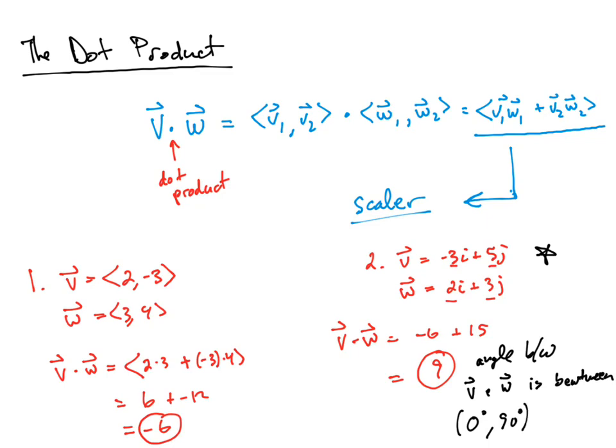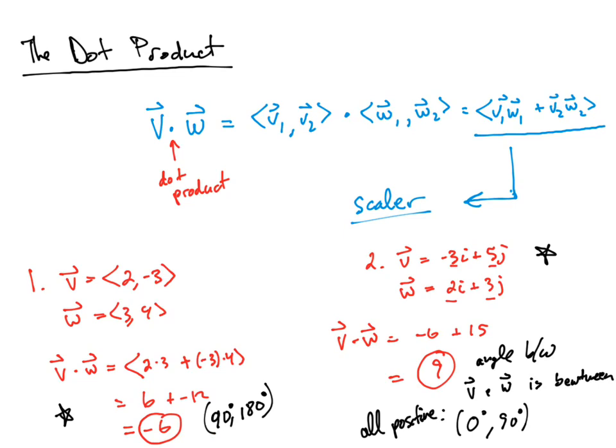So anytime we have a positive dot product, that's telling us the angles are between 0 and 90 degrees. If we have a negative dot product, like in this number 1, that's telling us the angle in between the vectors is between 90 degrees and 180 degrees.